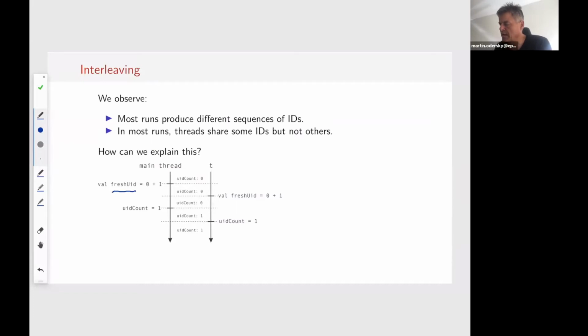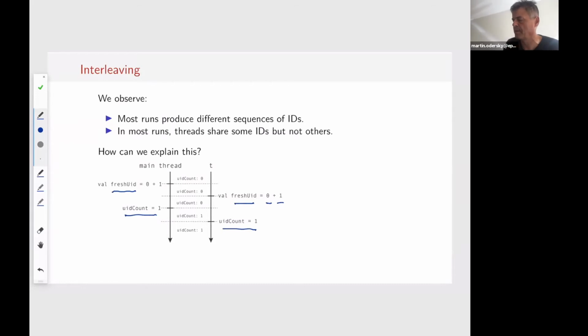Before it goes on, the second thread would do the same thing. It would also take 0 plus 1. Then both threads compute UID count to be 1, update the counter to be 1, and return the count. That way, both of these threads get 1.